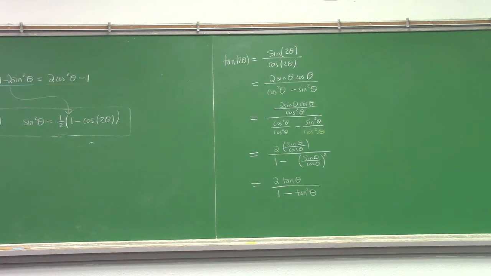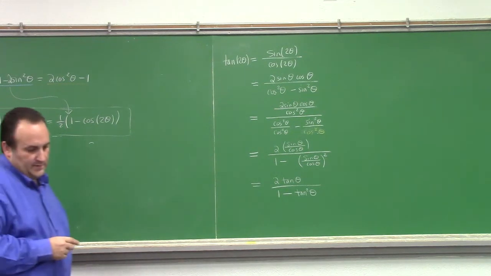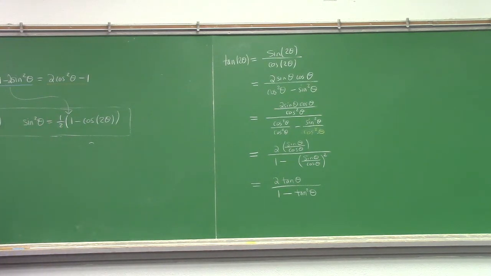So let's see here. That would be sine squared over cosine squared, right? So one nice way to get an identity there would just be to use these two.